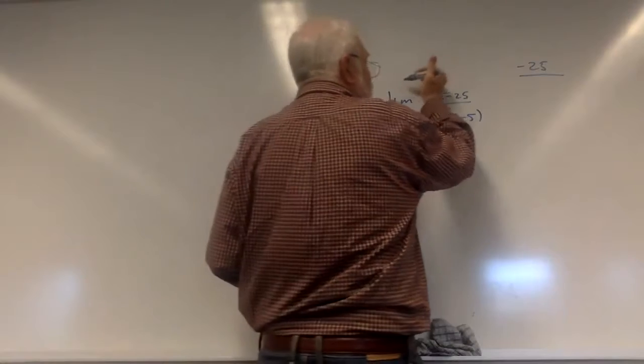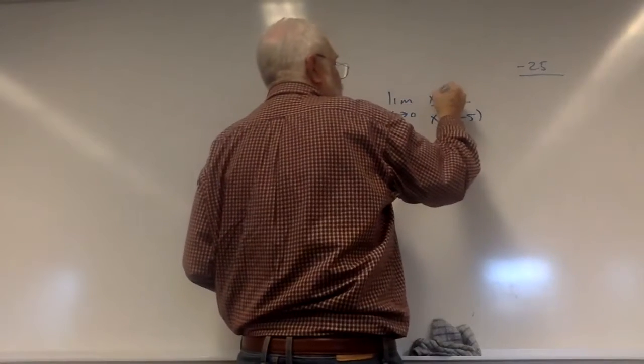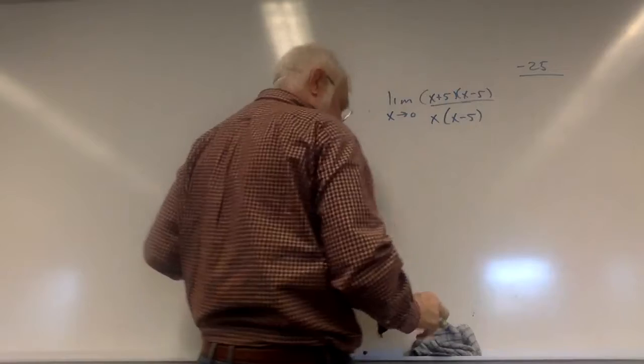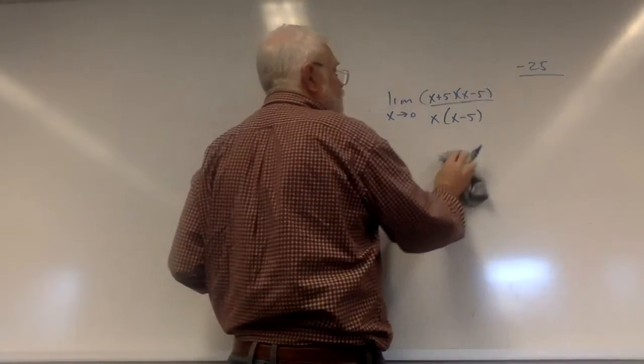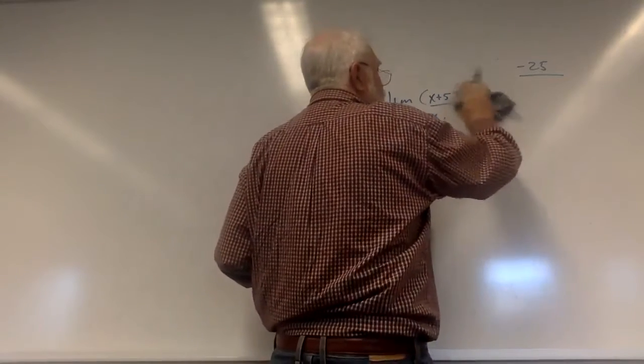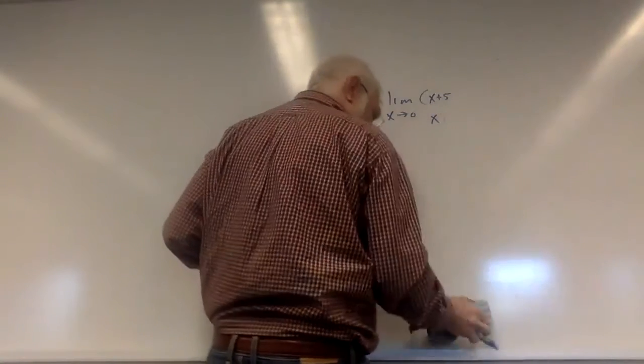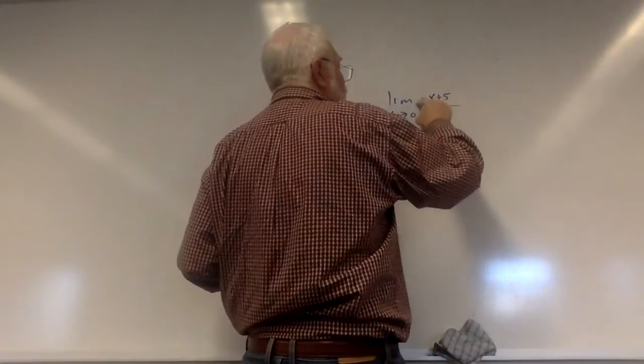And now I'm going to factor the numerator: x plus 5, x minus 5. Okay, so we can see the x minus 5's cancel. So I take that back. I should have looked at the whole thing before I started talking about it.